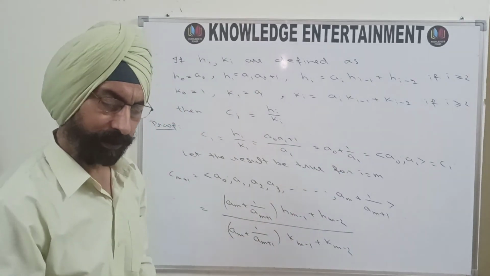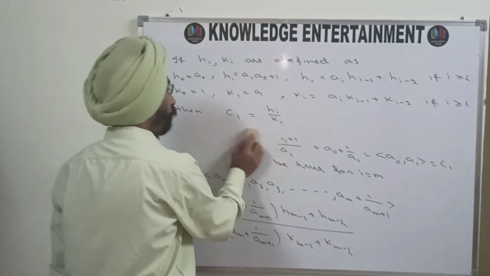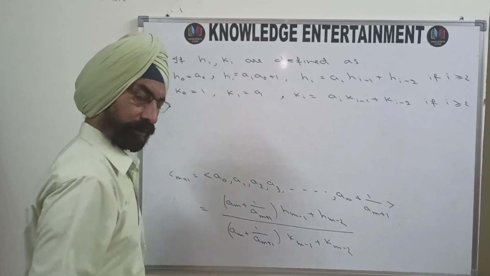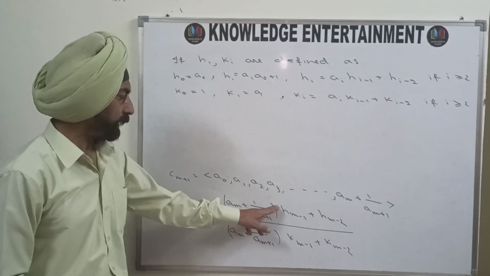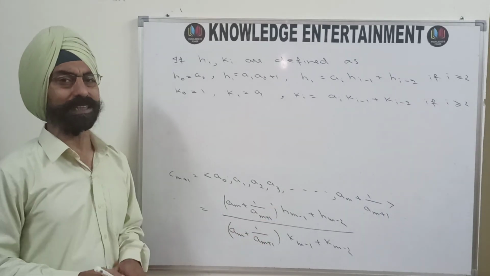So this is your next step, and now let us see what is going to happen. When you take the LCM from the numerator as well as the denominator, the LCM will be Am plus 1 and will be cancelled out.